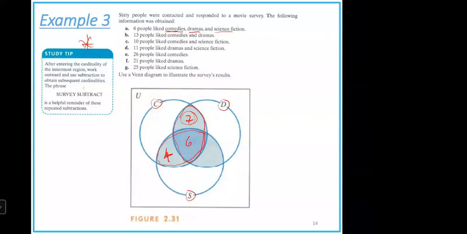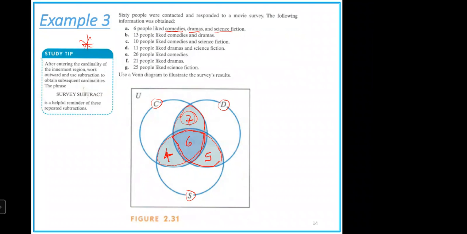Then 11 people like dramas and science fiction. We already have 6, and 6 and 5 gives you 11, so 5 goes here. We have partially completed the diagram.